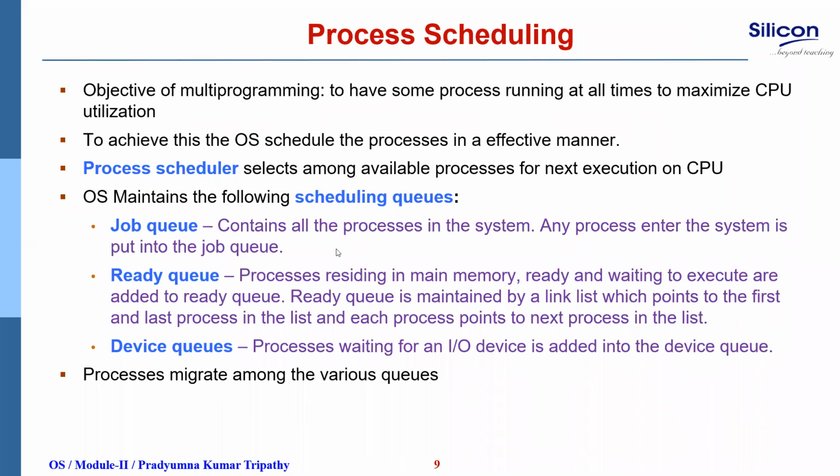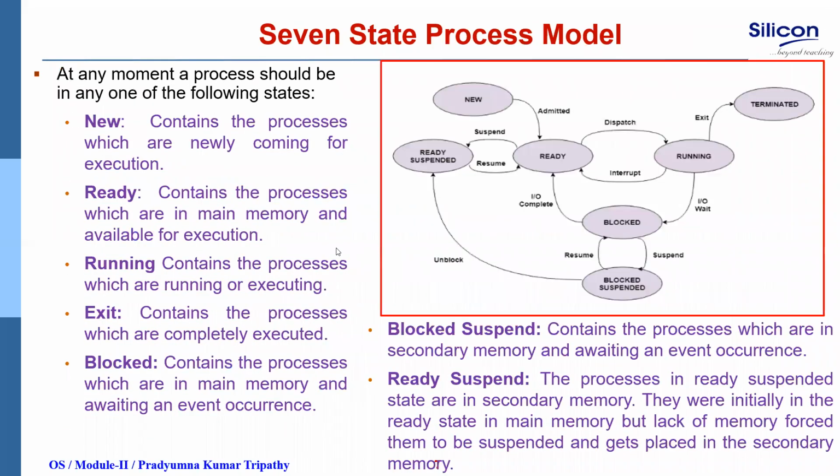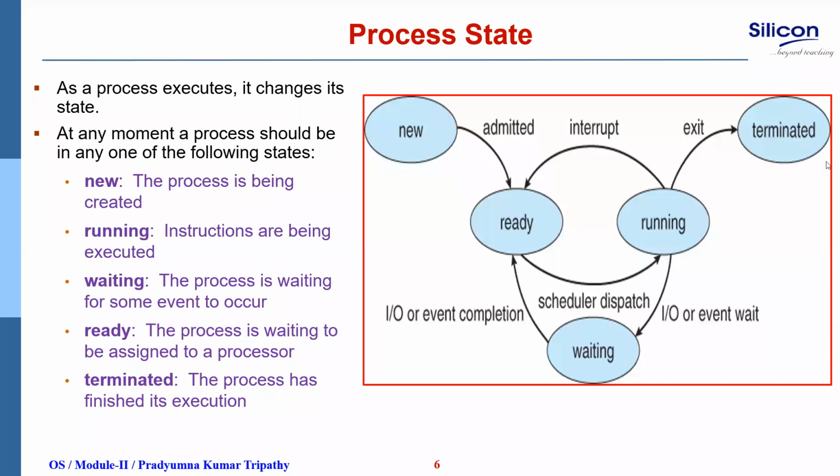Try to understand one thing over here. Look into this diagram. This diagram is for one process. One process will go to new, ready and so on. When one process is in the ready state, that means it is ready for execution. Similarly, another process may go into its own ready state. There might be several processes coming from new to ready state.